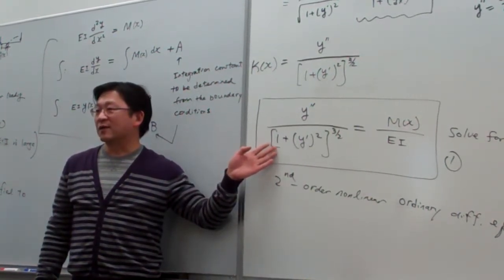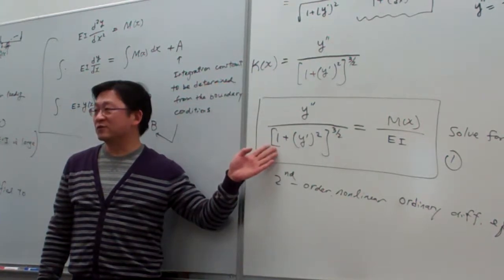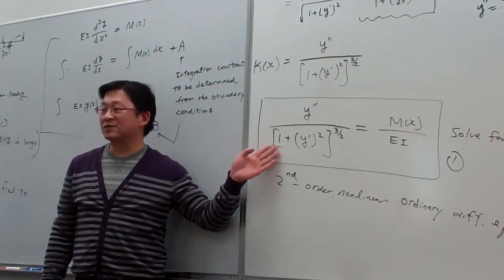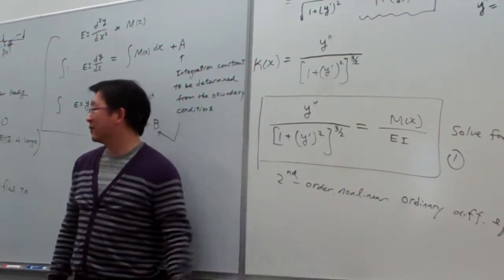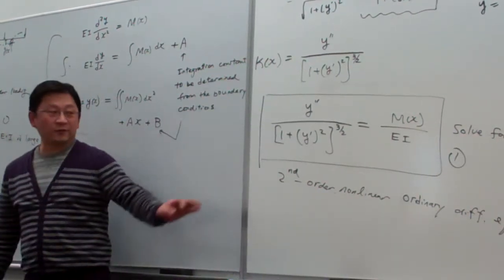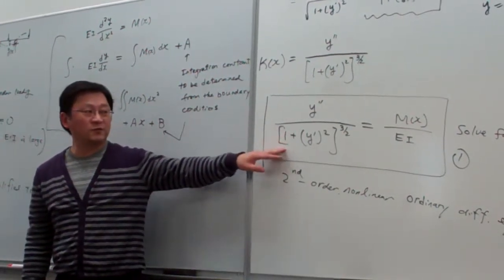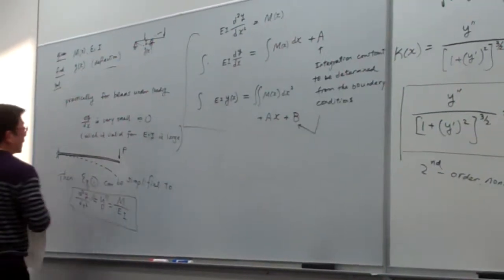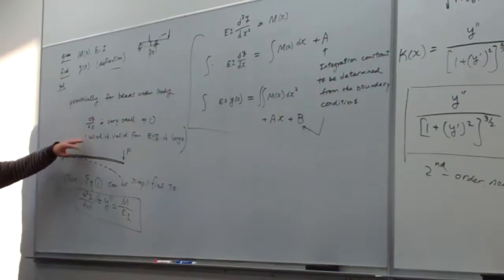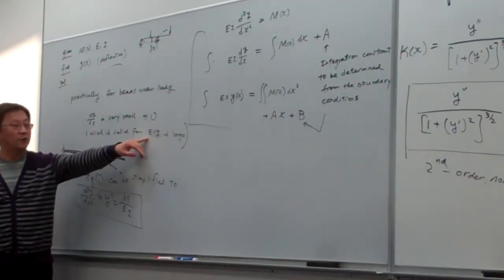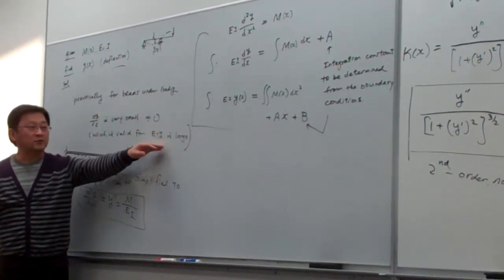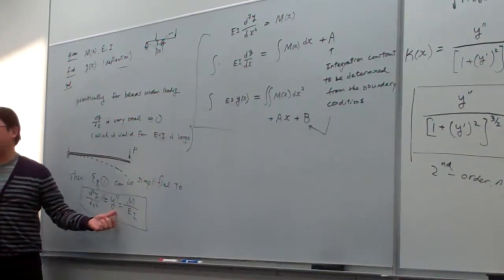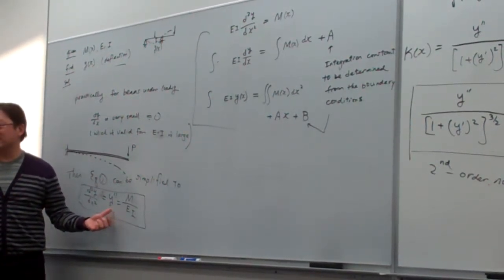And for that one, we do have the exact solution, but that solution is very dirty, a very long way. But anyhow, we do have a closed form solution to this problem. In engineering, in most cases, as long as we make sure the E times I is large, then this equation will be a very accurate approximation.